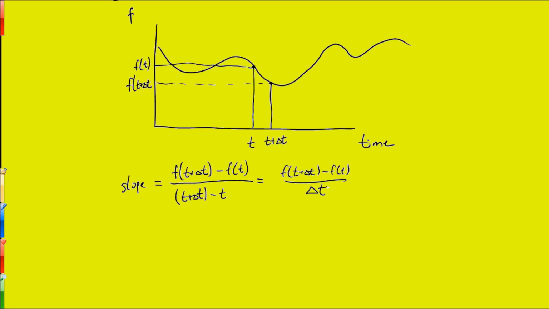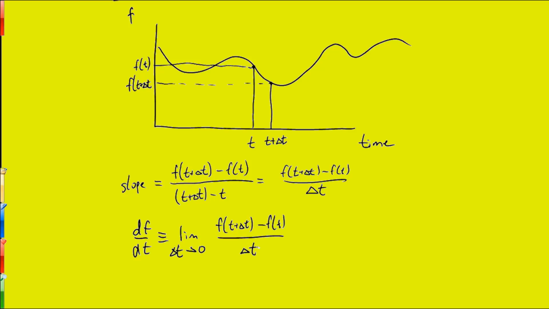And we define the derivative of f with respect to time as the limit as delta t goes to 0 of this exact expression. And you probably spent a fair amount of time doing proofs and figuring all this out.